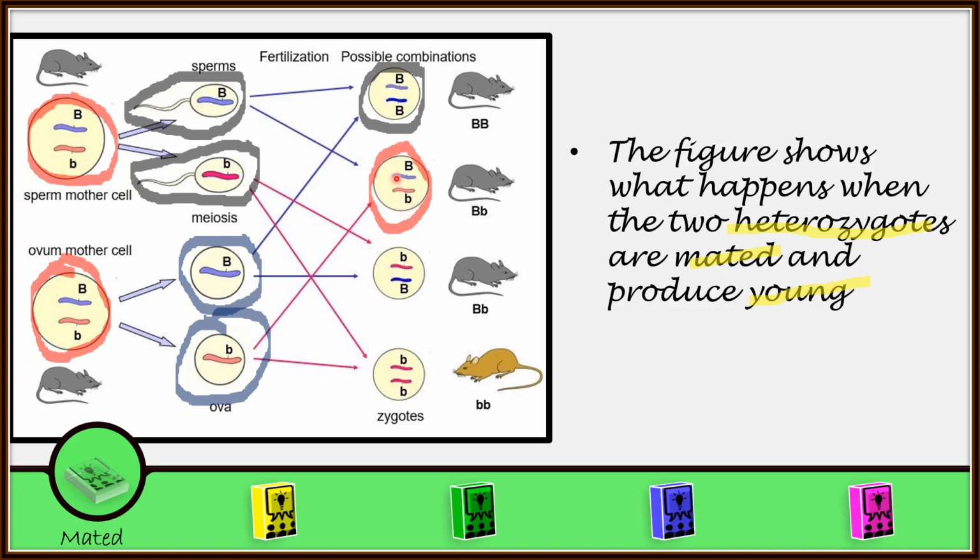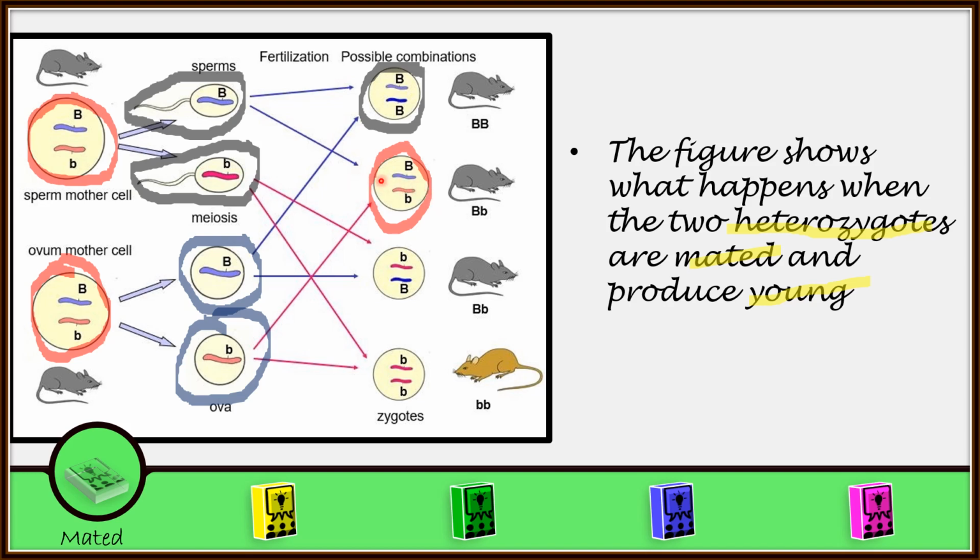Therefore, these two cannot express themselves together. One of them is going to dominate and another one is going to be suppressed. So which one is dominant? When you look at them, capital B is dominant and small b is recessive.